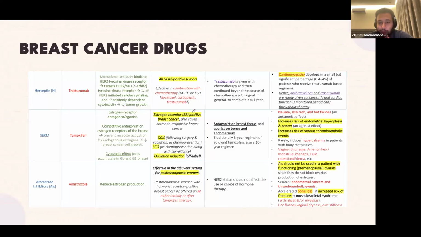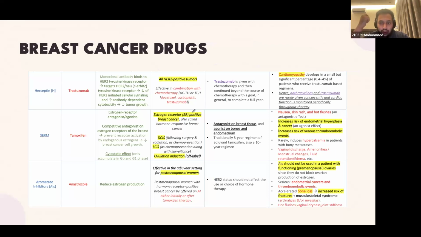Now, the last few slides of this entire crash course, and we are done. I already mentioned this: if you have a patient with P53 mutation, will it be ER positive? Yes or no? No. Will it be HER2 positive? HER2 positive. Excellent.